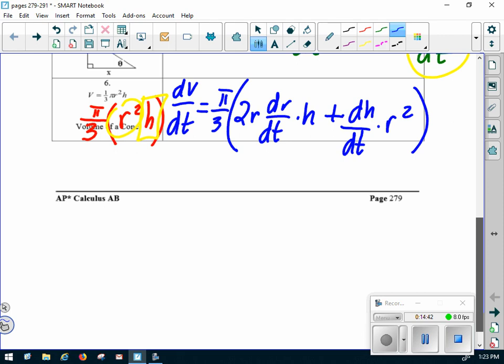Yes, because at this point you would be plugging in values.